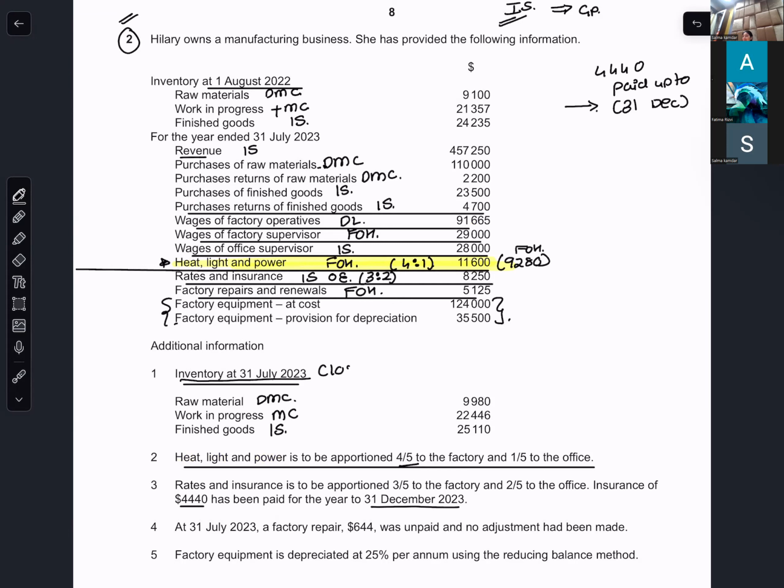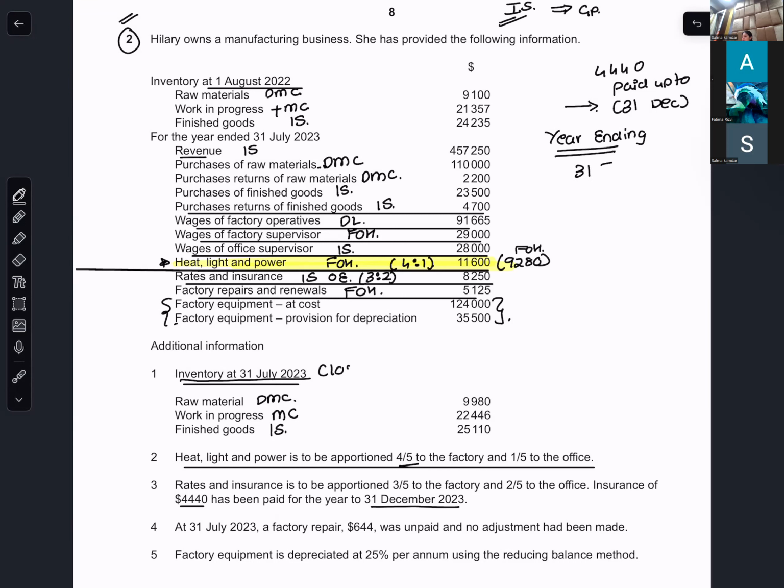Whenever they give us paid up to a certain date, you have to see there may be some prepaid or closing inventory in the picture. Can you tell me when is the year ending? 31st July 2023.